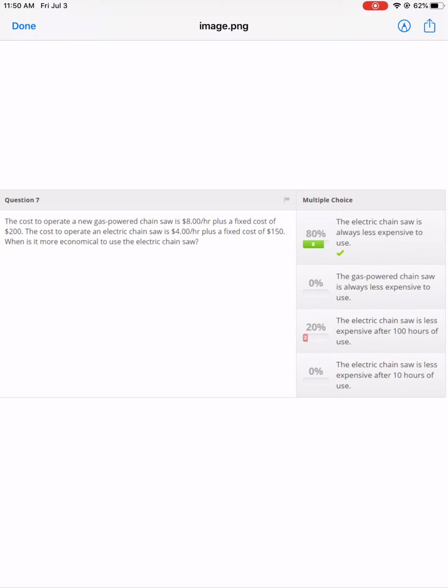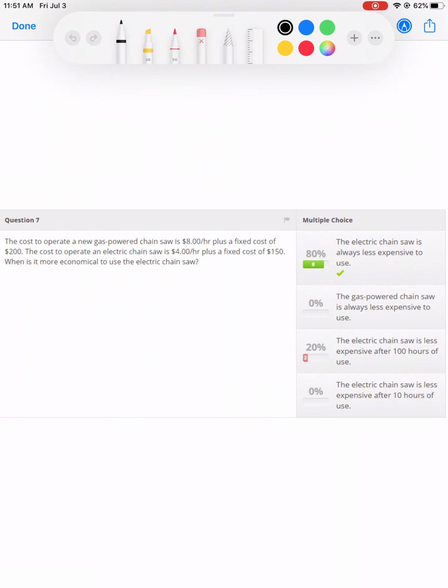If we look at this as y equals mx plus b, the slope is 8. So the gas-powered chainsaw will be y equals 8x plus 200.